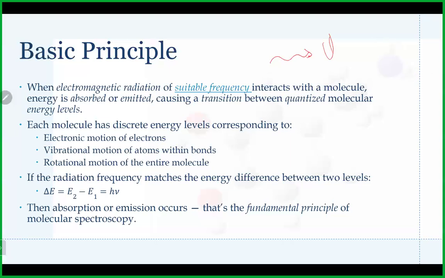So when you shine electromagnetic radiation of appropriate frequency, it interacts with molecules, causing some form of absorption or emission, or causing some form of transition between what we call quantized molecular energy levels. So the transition can be as a result of absorption of the radiation, in which case you absorb the light, or the molecule has already absorbed it, and in which case you are studying its emission.